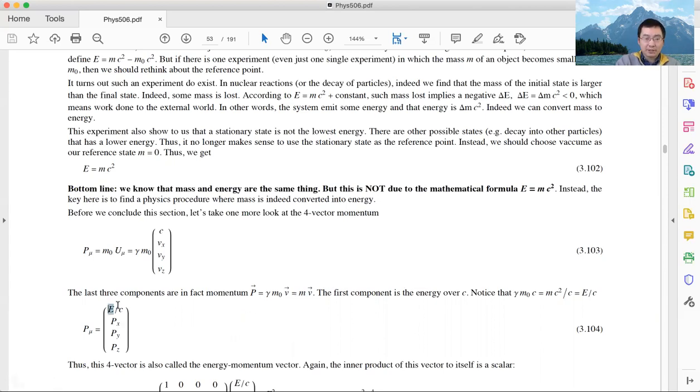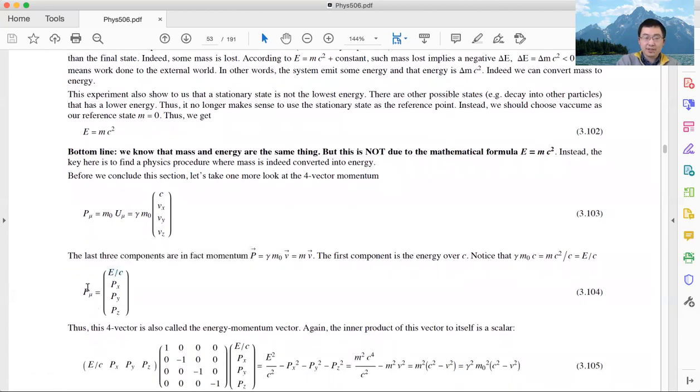And the first component is gamma m0 times speed of light. Gamma m0 is actually the relativistic mass. The speed of light, c, I can rewrite as c squared over c. And mc squared, as Einstein told us, is energy. So the first component in my four-dimensional momentum vector is actually energy divided by speed of light.